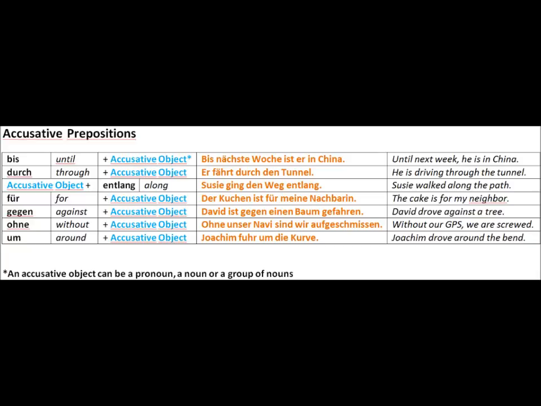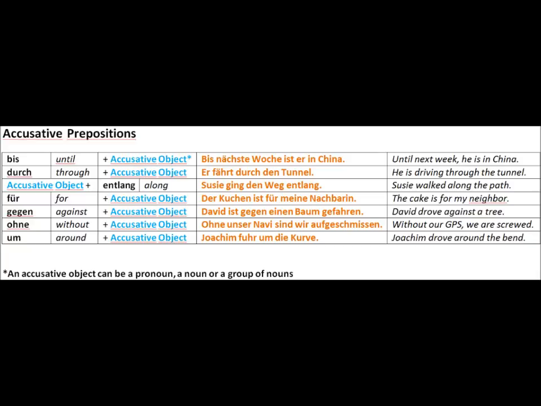Now let's take a look at some of these sentences in a more detailed way. Fährt durch den Tunnel. Durch is the accusative preposition, and it's followed by the accusative object, den Tunnel. Okay? Der Kuchen ist für meine Nachbarin. Für is the accusative preposition. It's followed by the accusative object, meine Nachbarin.